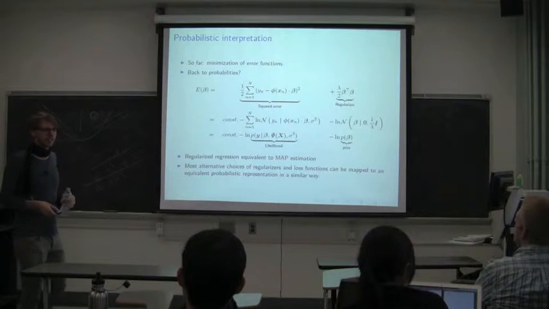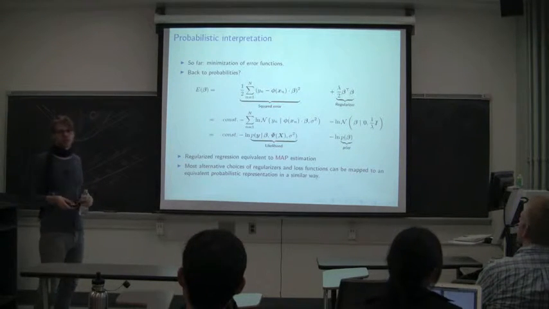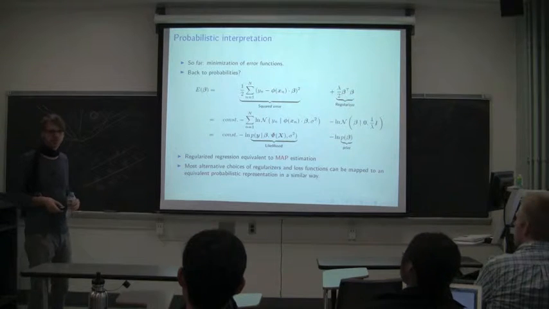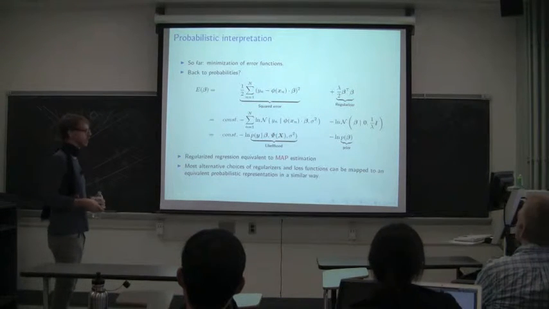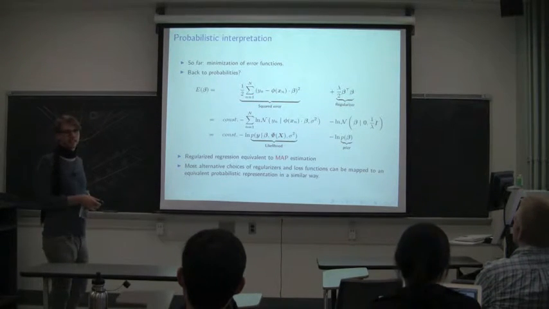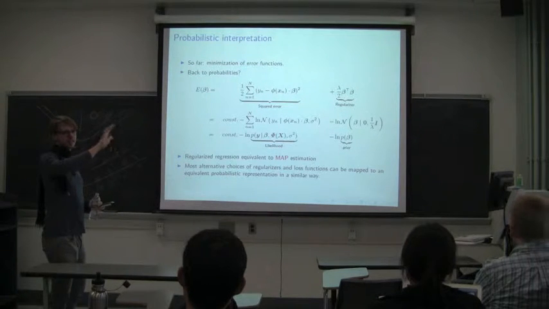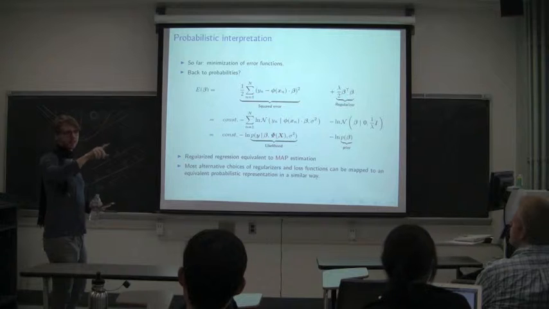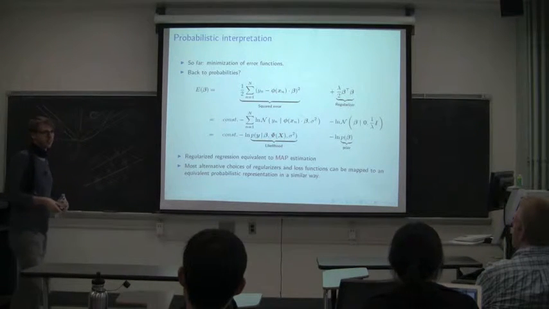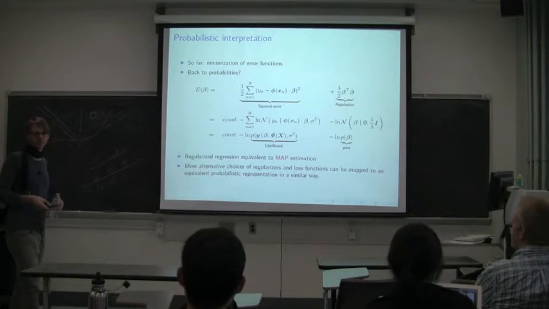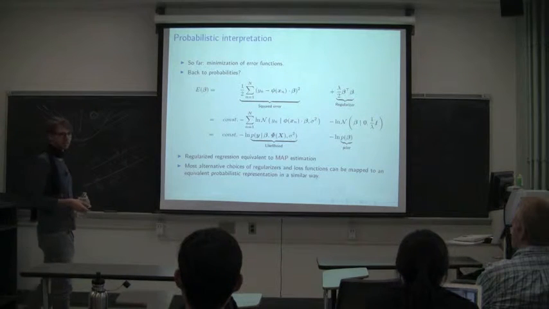Most notably the lasso, which corresponds to a Laplace distribution. The Laplace distribution looks exactly like the Gaussian in the exponent, just that it takes an absolute value instead of a square. So it's exactly like in the Q norm, where you take the sum over absolute values instead of the sum of squares.